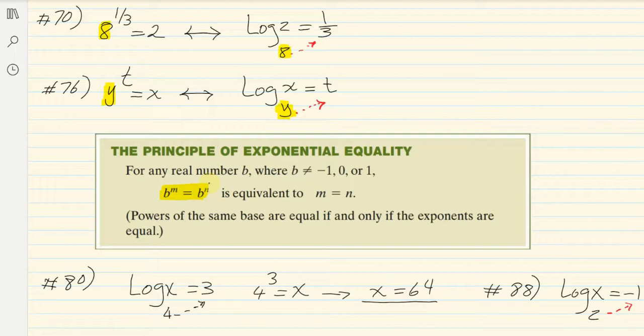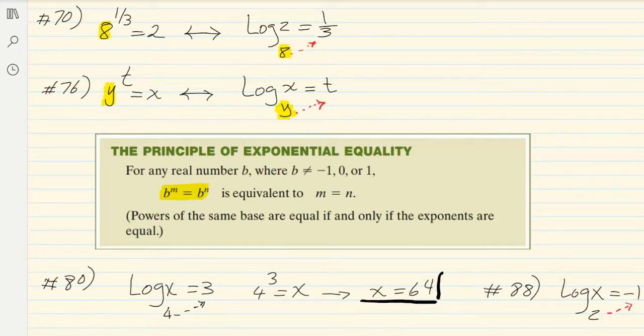So the exponential form is going to be 4 cubed equals x. And this practically solves itself. Almost all of your logarithmic equations are solved by redefining them in the exponential form. You don't have to do anything else. So 4 cubed is 64, and that's going to be the answer to this exercise. Okay, so there you go.